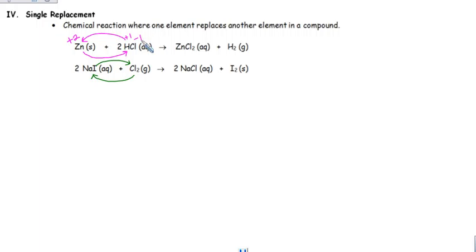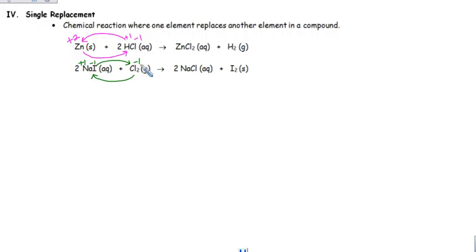But it's positive for positive, negative for negative. So then I would need to make sure that zinc is more reactive than hydrogen. Or in the second example, sodium is +1. Iodine is -1. Chlorine is -1. So if my single element is normally negative, my single element, chlorine in this case, is looking to switch with the other negative, iodine.